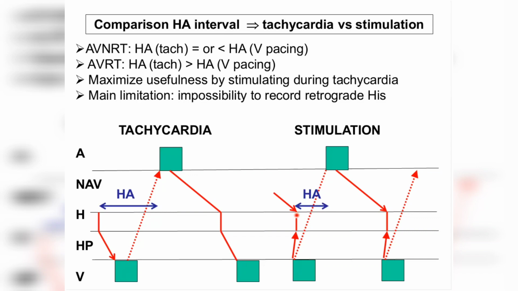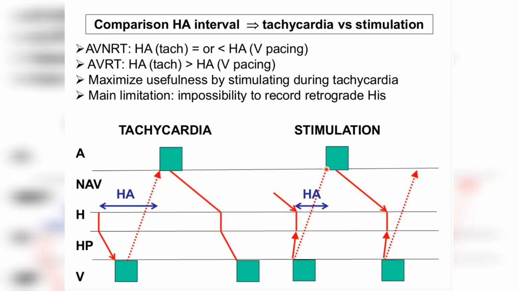This is because when we pace the ventricle, the His bundle is being activated anterogradely. It's activated in the same way as during tachycardia, downwards, okay? And at the same time the His is activated, the conduction is proceeding through the accessory pathway to the atrium.